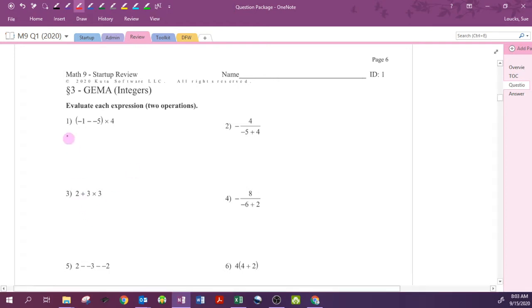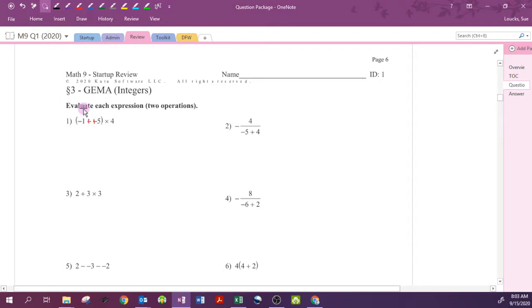So looking at example 1, or question 1 rather, we need to do what's in the brackets first because that's our grouping device. Just looking inside the brackets, anytime I have minus minus, or minus negative, we're going to add the opposite. So we're going to change that to adding positive 5.